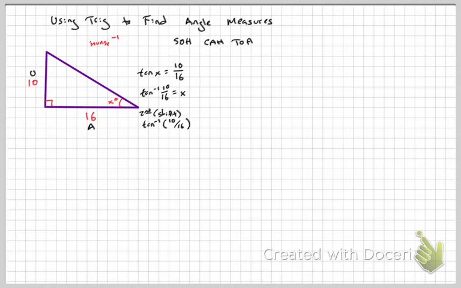So I'm going to go ahead and do that. I'm going to go inverse tangent on my own calculator, and then open a parenthesis, 10 divided by 16, and that gets me 32, almost exactly. So that angle measure is 32 degrees. Now, if you're using the calculator online, I don't think it puts up a tan to the negative 1.